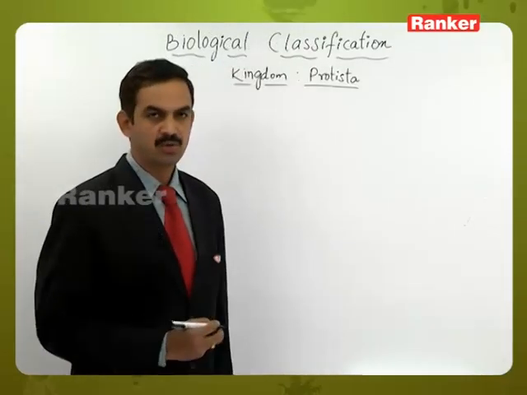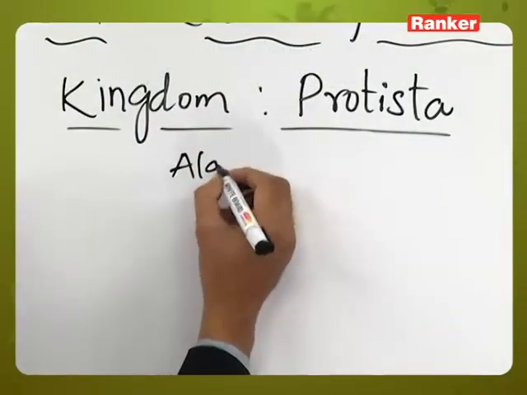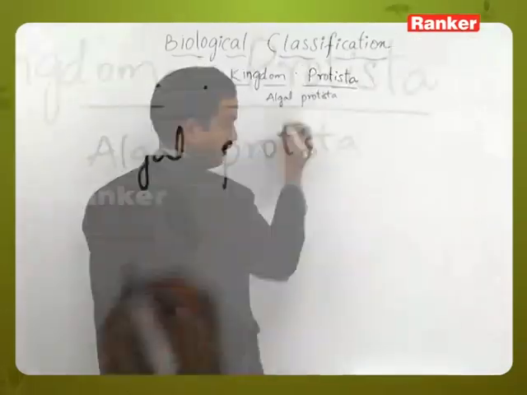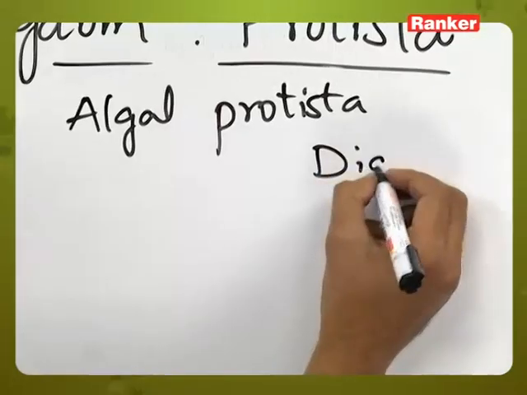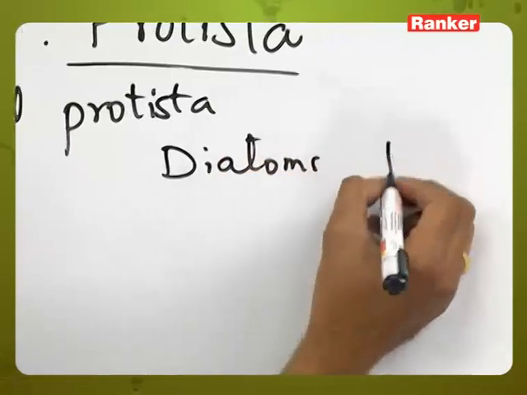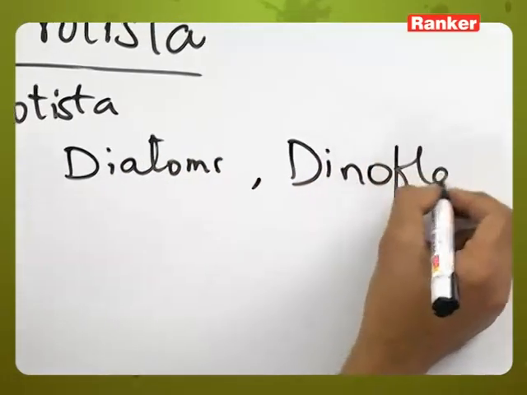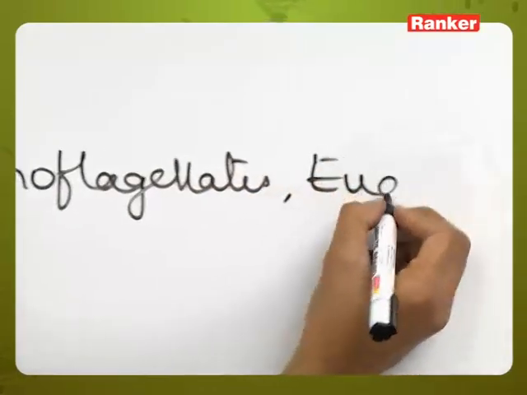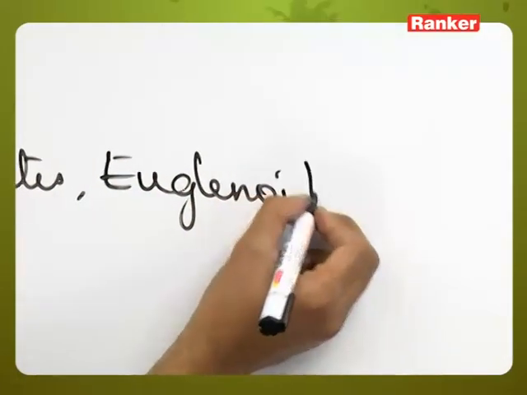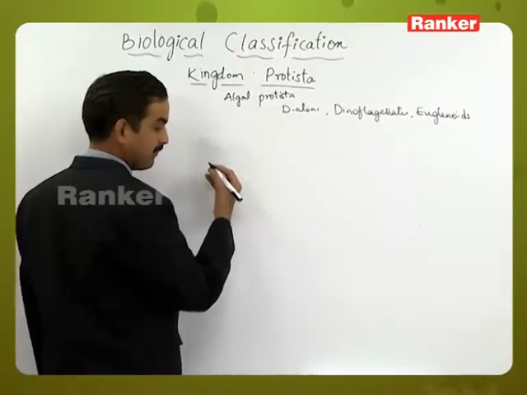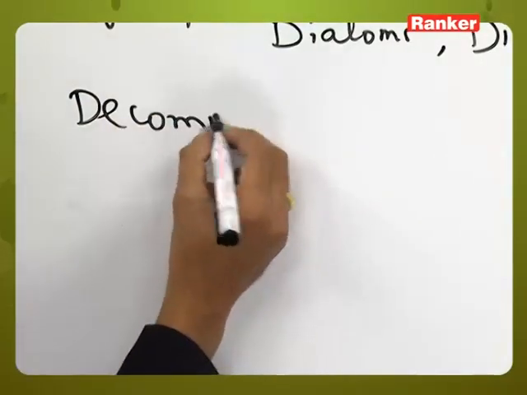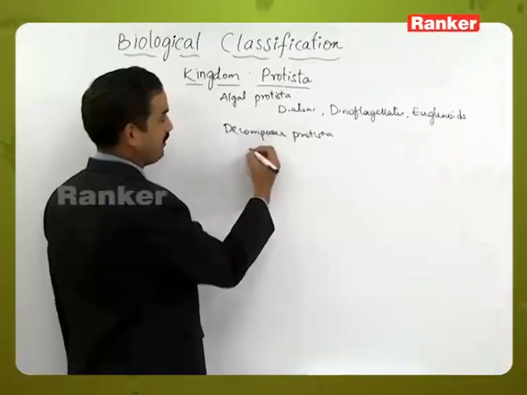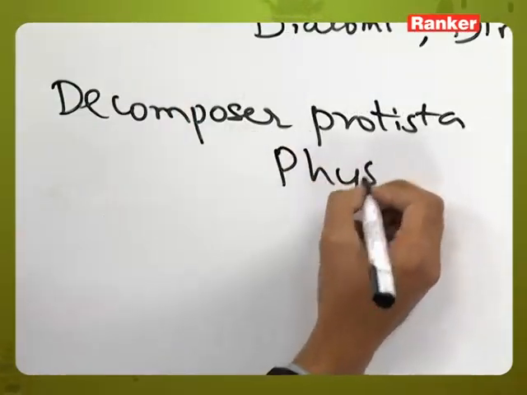Protistans are classified into three groups. One is algal protists, which includes diatoms, dinoflagellates and euglenoids. And the second group is decomposer protists, which include Physarum.